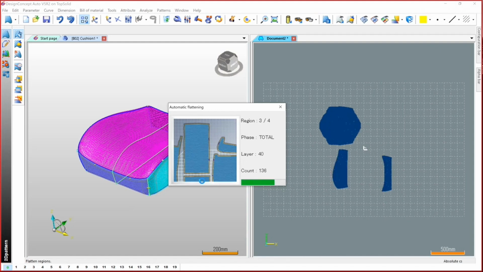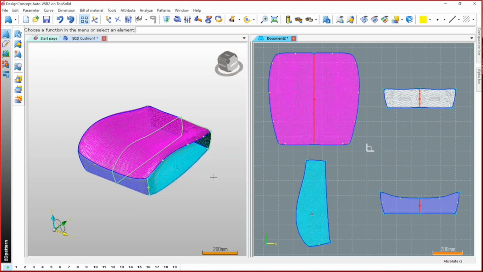And then the flattening process is in place, and Izuka-san is working on it. And flattening process done.